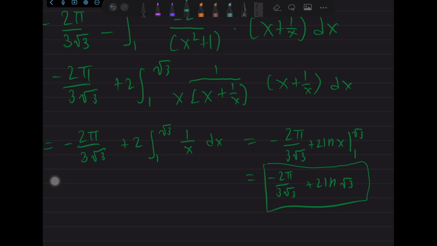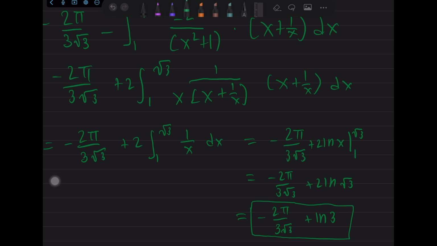Negative 2 pi over 3 root 3 plus 2 ln of root 3. We can simplify this a little bit more. This is the same as 3 to the 1/2, so we can take that out and make this plus ln 3. Now we can say that this is enough. We could rationalize it, however, it doesn't seem worth doing anymore.